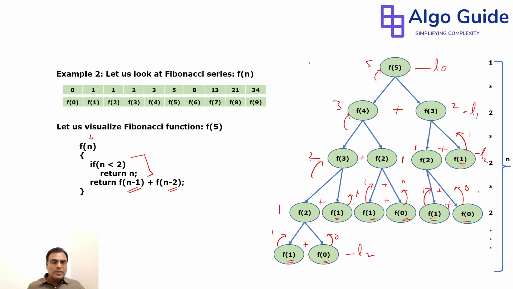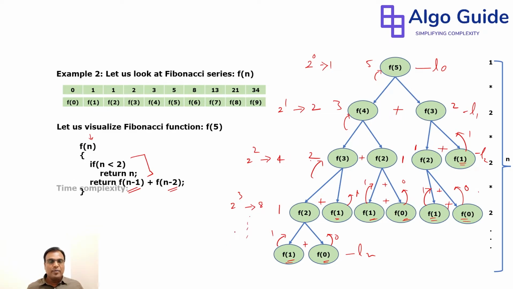So at the 0th level, the number of function calls is 2 power 0, that is 1. At the first level, it is 2 power 1, so that is the value 2. At the second level, it is 2 power 2, that is the value 4. At the third level, it is 2 power 3, that is the value 8, and so on.